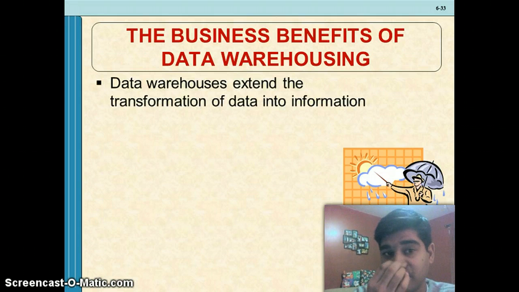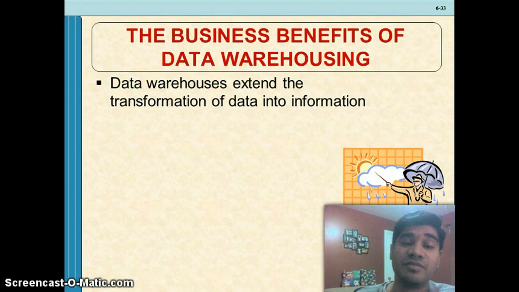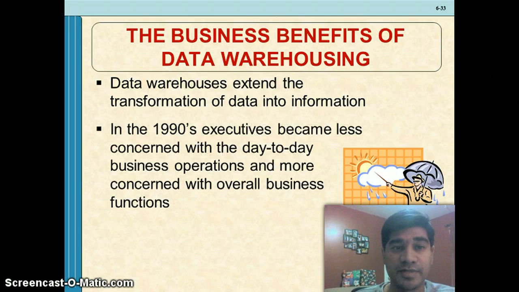So data warehouses extend the transformation of data into information. These become the storehouses for data, and then there are many different layers of application which sit on top of the database and provide meaningful information to managers. This began in the 1990s when managers said, we don't need to deal with the day-to-day operations.